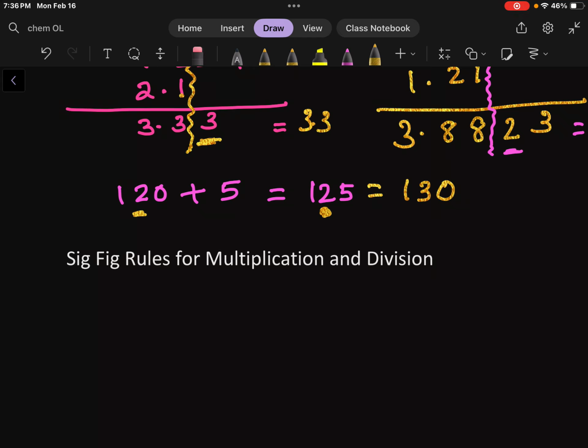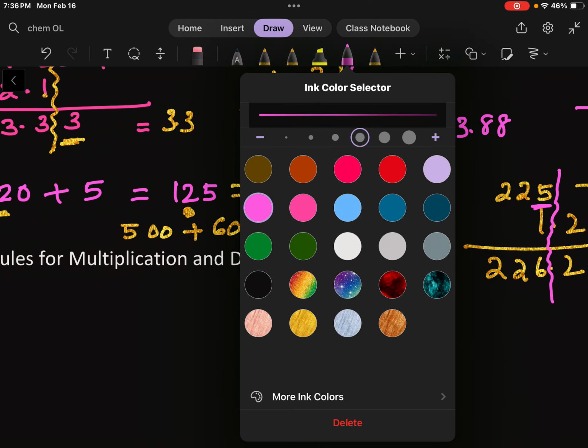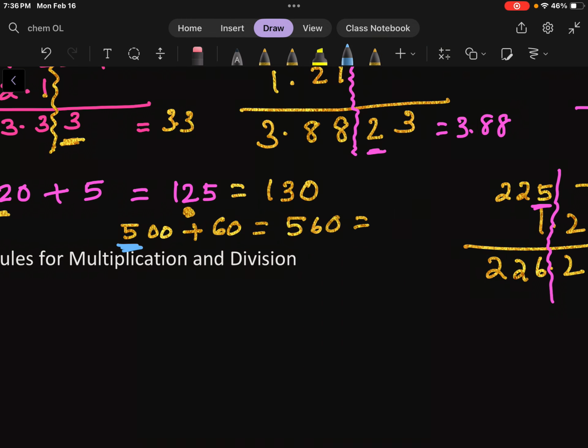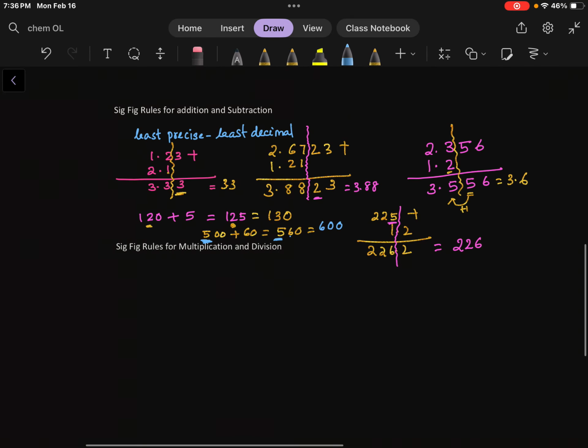That's how we follow the rules. If you are adding 500 with 60, you will get 560, but the least precision is 100, so you have to round this in the hundreds position. That will be 600. We use the same rule for subtraction also.